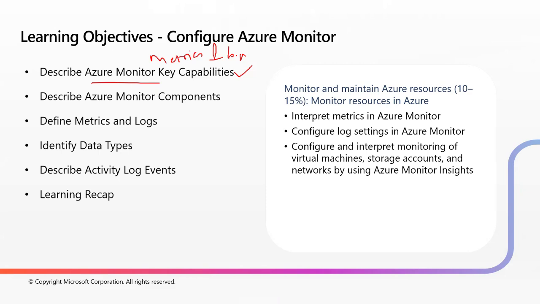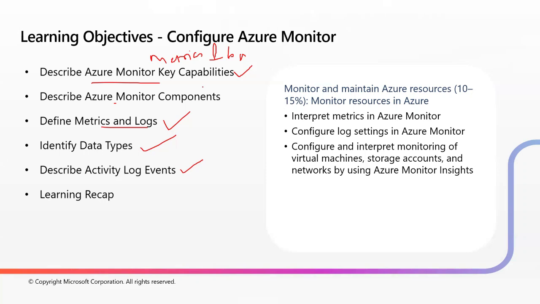I'll see what has happened in my Azure environment. I have to ensure who has done what, when it was done, who has implemented what. I have to see the logs here, right? So that is where I'm going to talk about your metrics and logs, and you identify the data types, activity log events, and the recap.